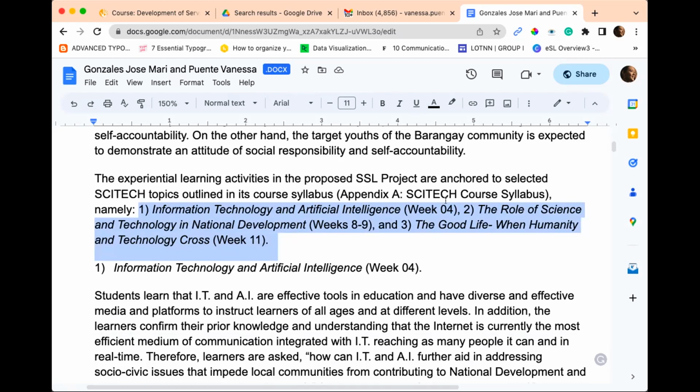The second topic is the role of science and technology in national development, which is delivered during weeks 8 and 9. And the last one is the major topic, the good life, when humanity and technology cross, during week 11. Without elaborating on the details, these are the three major topics to which the SSL activity will be anchored.